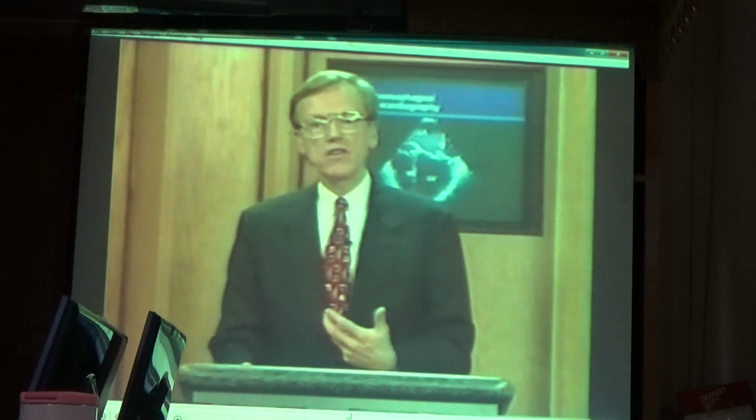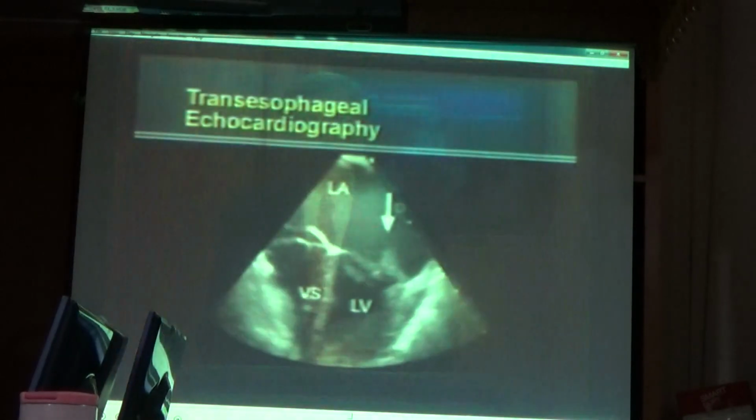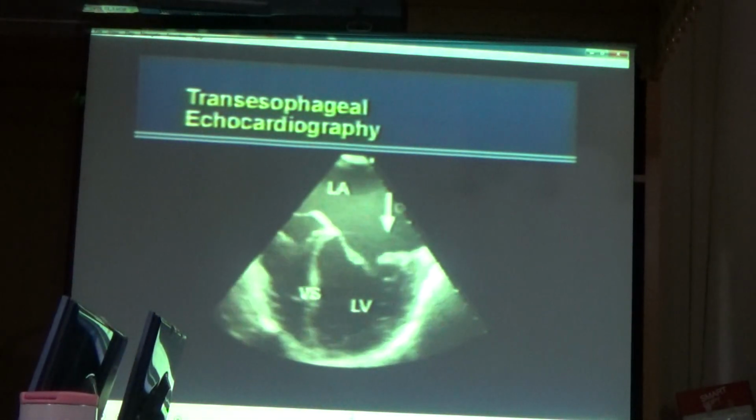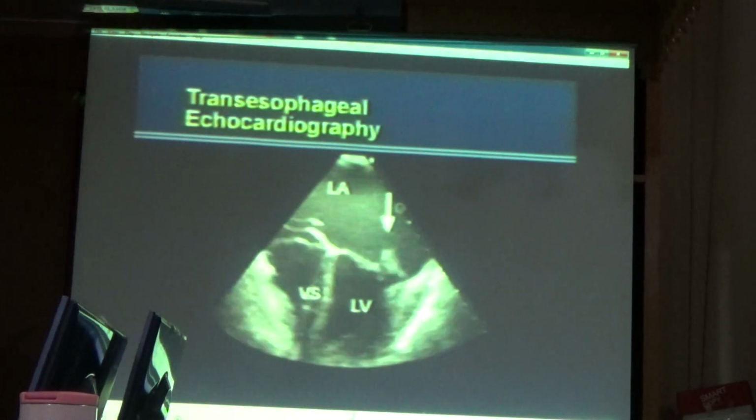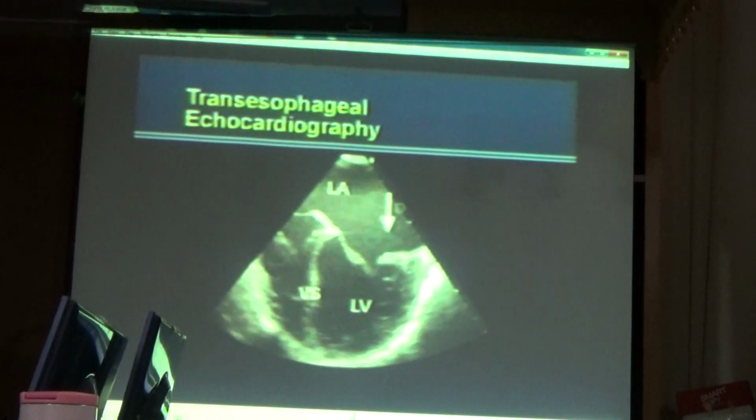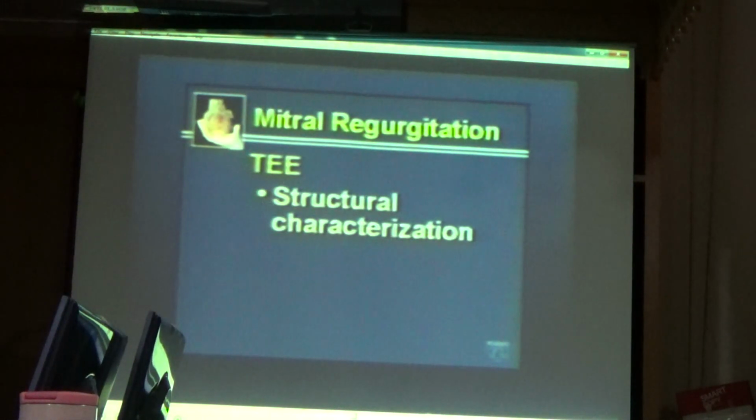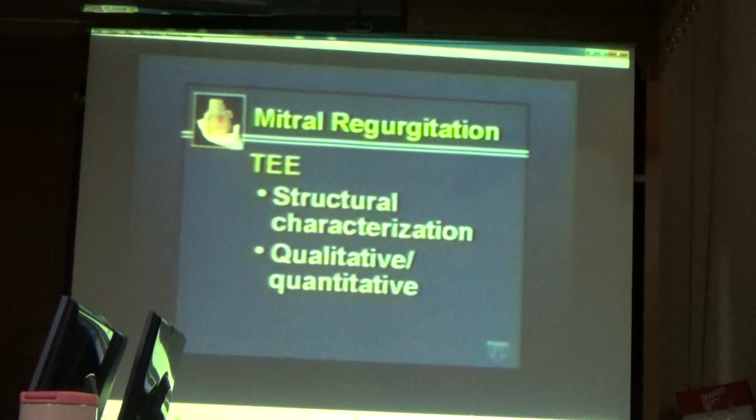What's the role of transesophageal echo? Well, in this example, it's great for looking at the valve for its morphologic characteristics, a prolapsing valve and flail chordae. And its role is really three. One, it's great for structural characterization of a regurgitant valve, both aortic or mitral. It's not very good for quantitation.